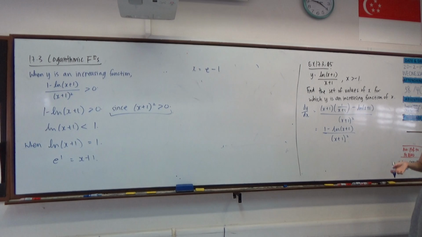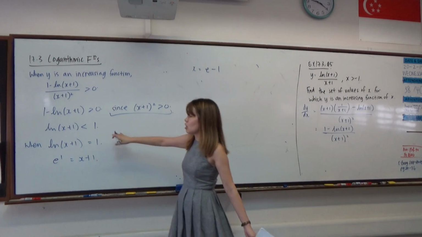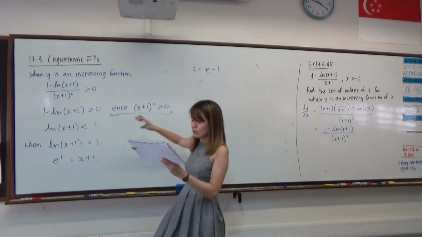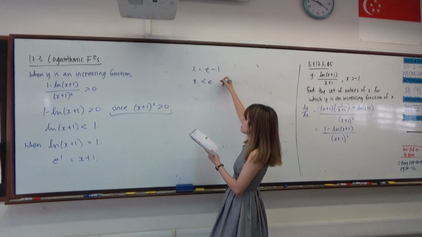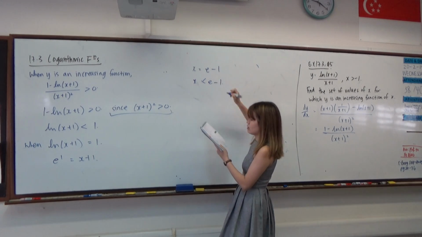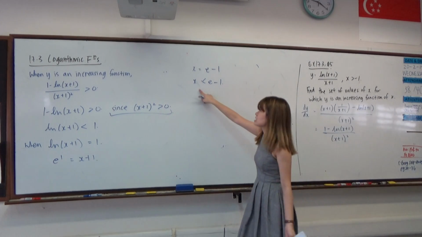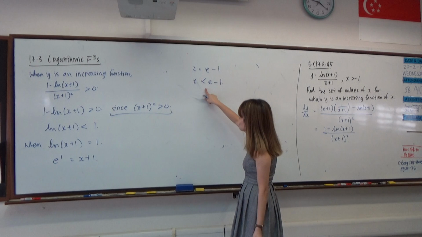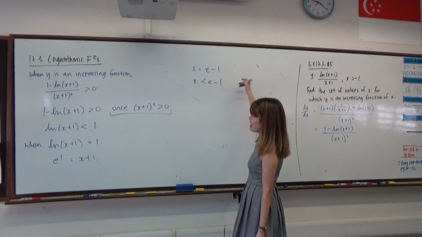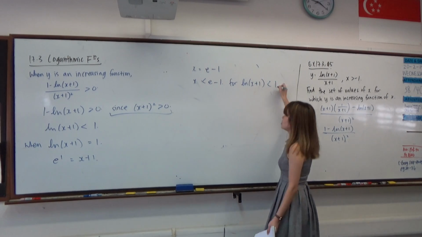Okay, so x is equals to e to the power 1 minus 1. Then after that you can tell that in your logarithm function, if you want it to be less than 1, your x has got to be less than e to the power 1 minus 1. So x has to be less than e minus 1 for this to happen.